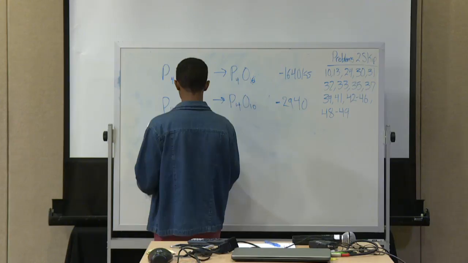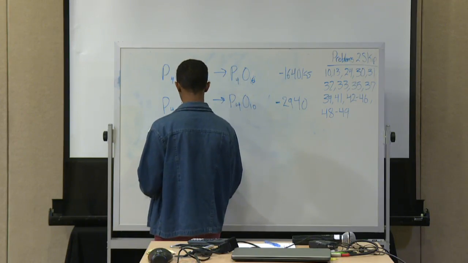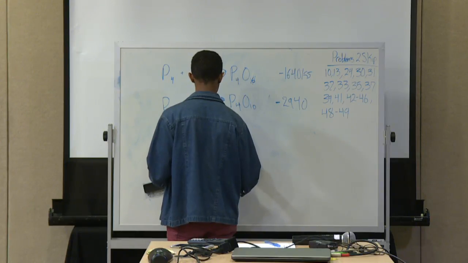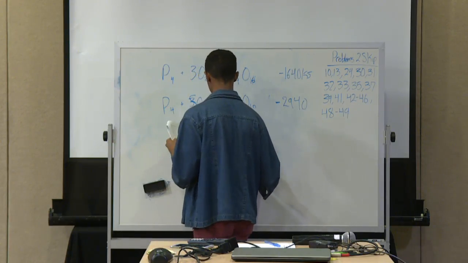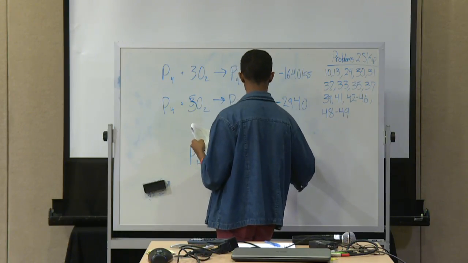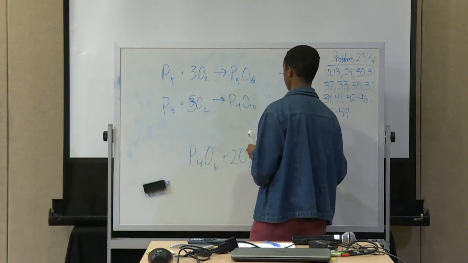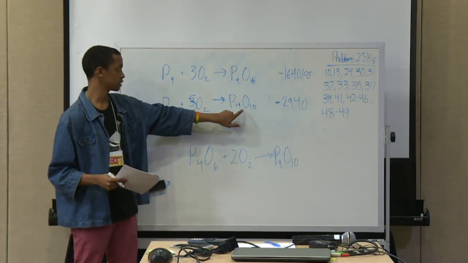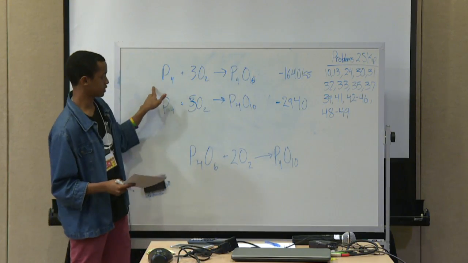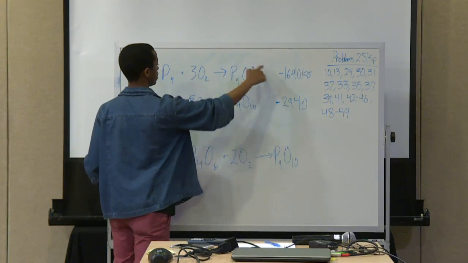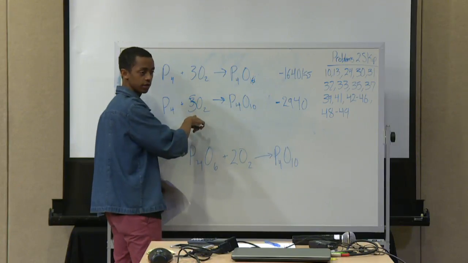And in the end, I want this. Yep, so I'm probably going to have to do what? Flip this one over, right? Because I need this one in the end, and I need that on this side. So if I flip that over, I'll have 3 oxygens over here and 5 oxygens over there.